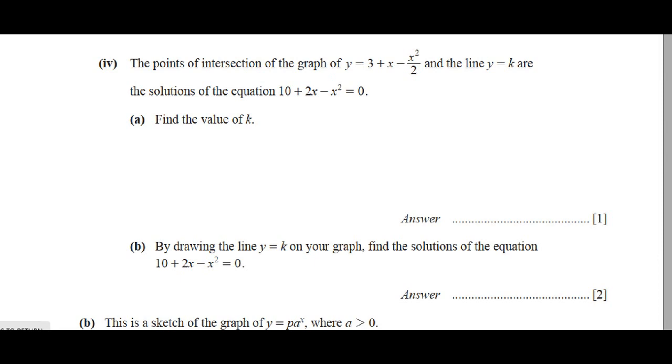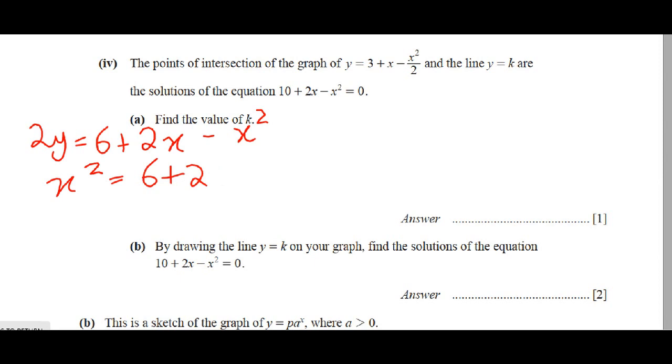So in the first equation, I can write 2y equals 6 plus 2x minus x square, and make x square the subject, so x square equals 6 plus 2x minus 2y, right? And when I make x square the subject here, I get x square equals 2x plus 10.